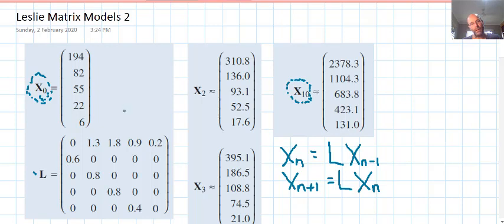What we're doing each time is putting the same Leslie matrix on the front, so essentially it's repeated multiplication of the Leslie matrix. And from our previous work we know we can raise matrices to a power. So in general, if you want a particular population vector and you want to go straight there, instead of going through all of the individual time periods, you can simply do this.